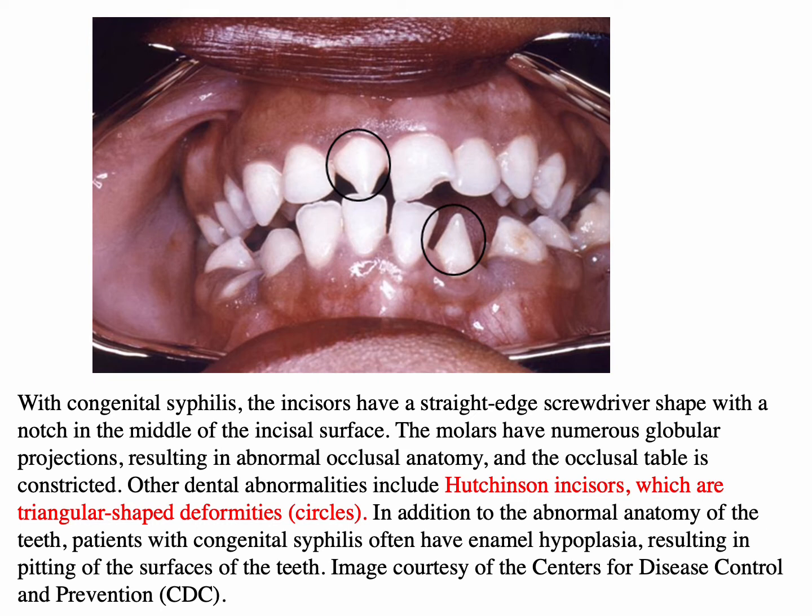Here's one picture about the hypoplasia, the abnormality in the teeth, the incisor. This is provided by CDC, showing one of the conditions of Hutchinson triad. They call it Hutchinson incisor. We can see the triangular shaped teeth. They call it screwdriver looking, a straight edge screwdriver shape.